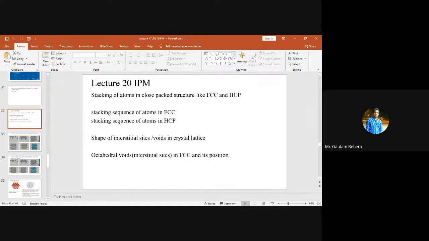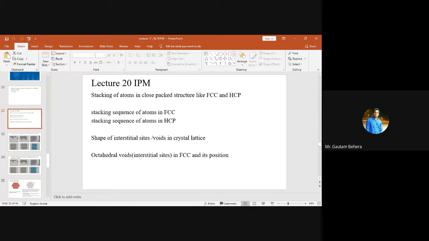So this topic is absolutely important for many reasons. Basically, today's topic is concerned with two things. The first thing is how atoms are stacked over one another.